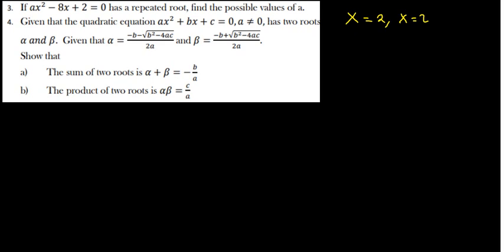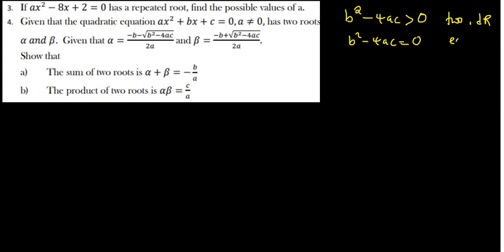So there are conditions that we have to know. When you find two different roots, it means that the discriminant b squared minus 4ac is greater than 0. Two different roots. If you find two roots which are the same, it means that b squared minus 4ac is equal to 0.